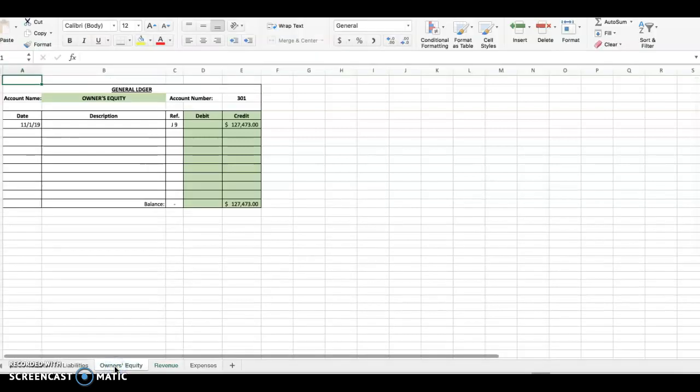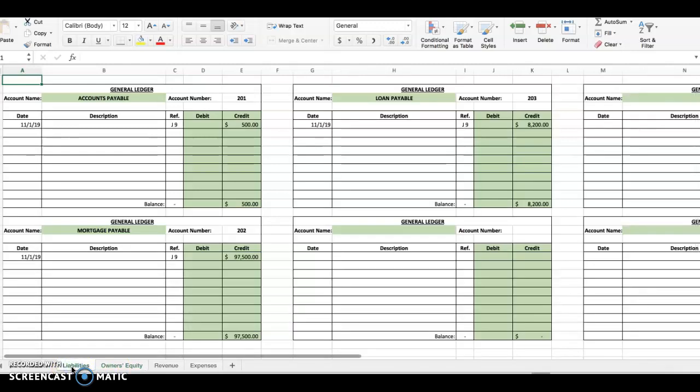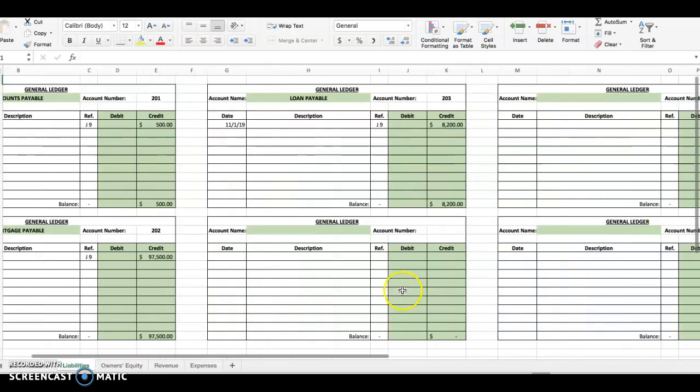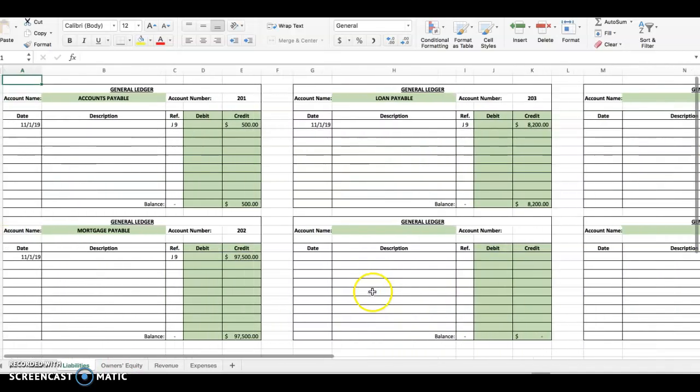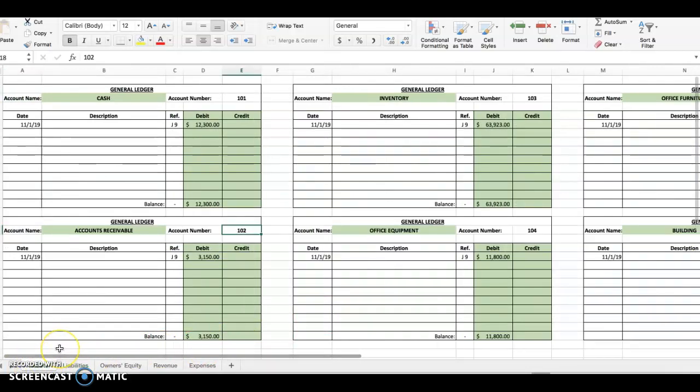Owner's equity: again, if this is a corporation, that would be entitled stockholders' or shareholders' equity, the value of the business. Liabilities show what we owe, and there could be many of them here. We have some blank accounts that we could fill in later. And we have asset accounts, things that we own. So this is what the ledger looks like.